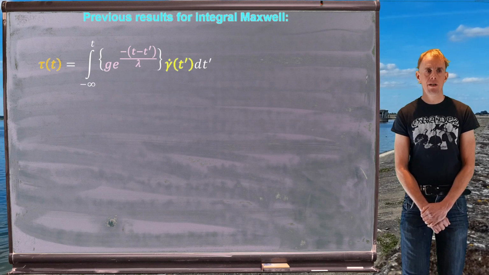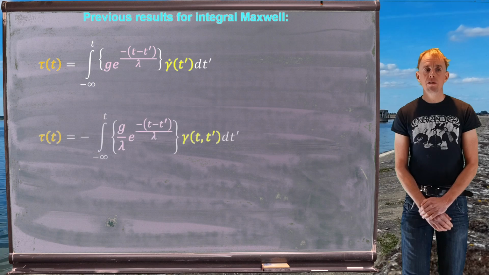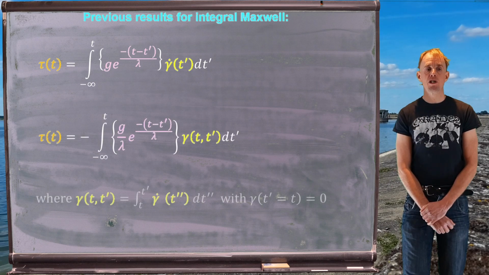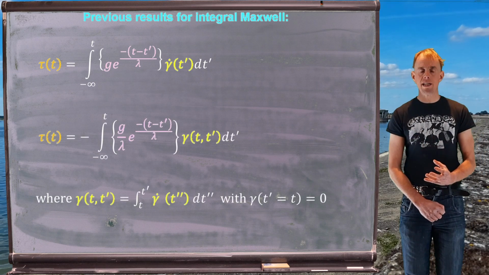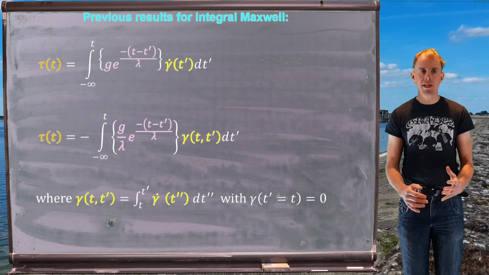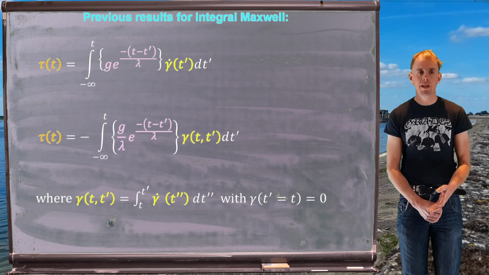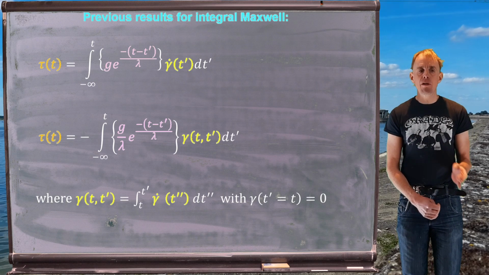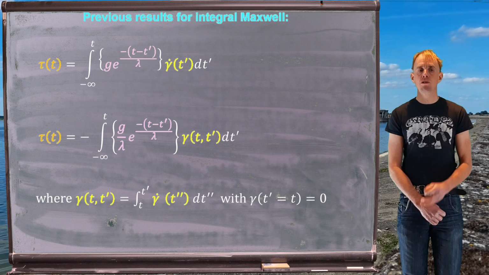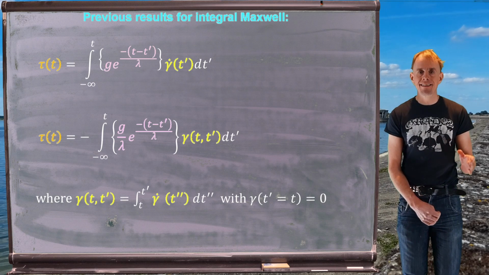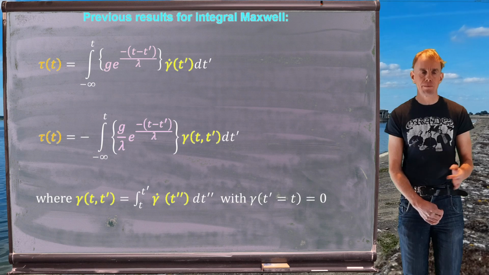We also saw that we could write the Maxwell integral equation with respect to path strain, and there in yellow is our strain, gamma of t dashed, and gamma of t dashed allows us to track strain at each integration step.